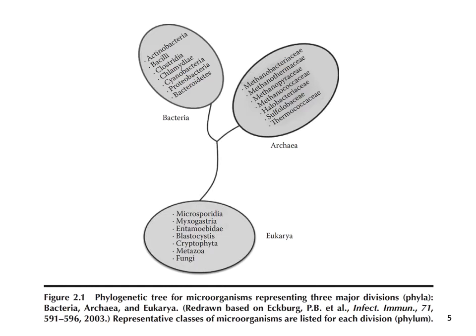If we look at the phylogenetic tree for microorganisms, they're going to be found in three major divisions. We have bacteria, which we already mentioned are a large group. You'll notice there are some different names in them.